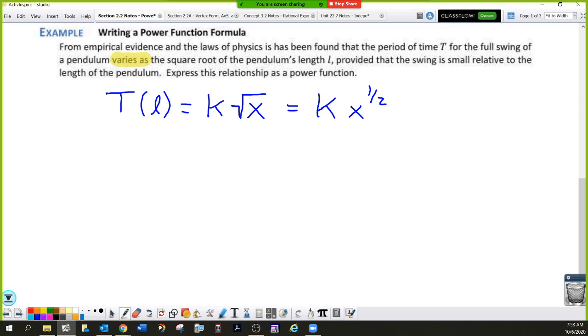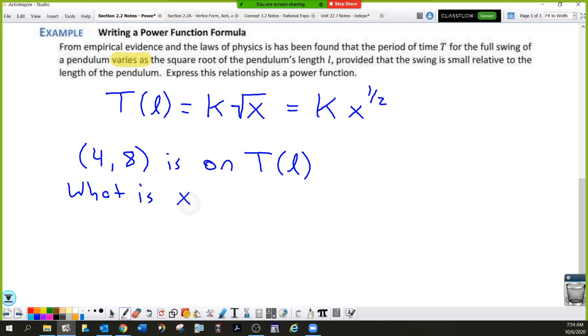Sure. So let's say, I'm going to make my life easy, okay? I'm going to say that 4, 8 is on T of L. What is x when y equals, I don't even know.